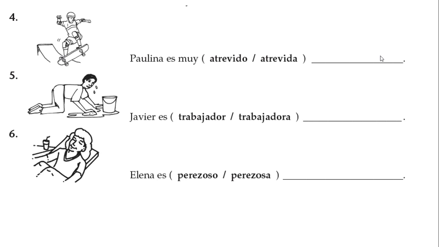Those can be dangerous activities, so they are daring. Anyway, Paulina es muy atrevida because she is a girl. Javier es blank. Javier is hardworking. Javier is a male name, so trabajador. And Elena es perezosa because she is female, so it needs to be perezosa, not perezoso.